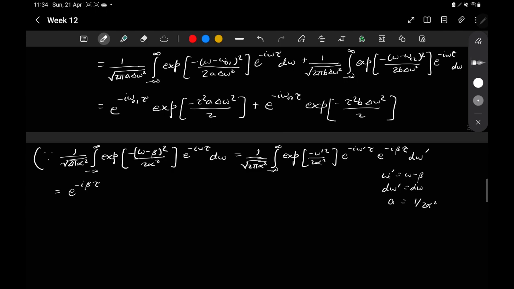So omega is omega prime plus beta, and this beta term comes out because it's a constant. And then completing the whole squared for the omega prime term.